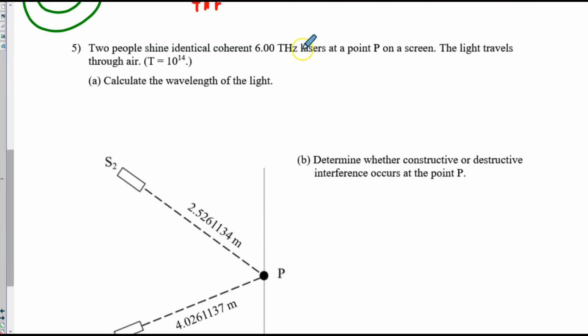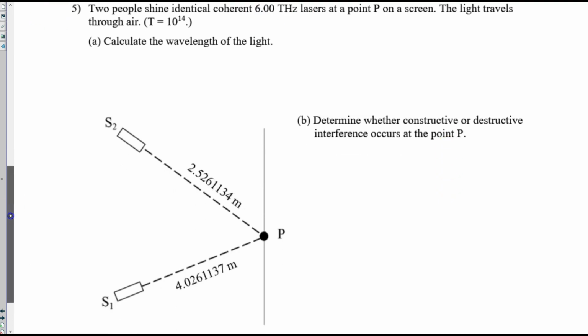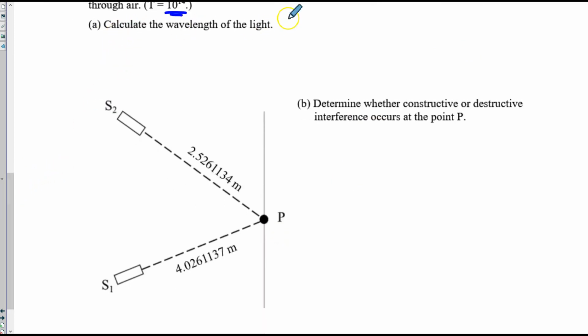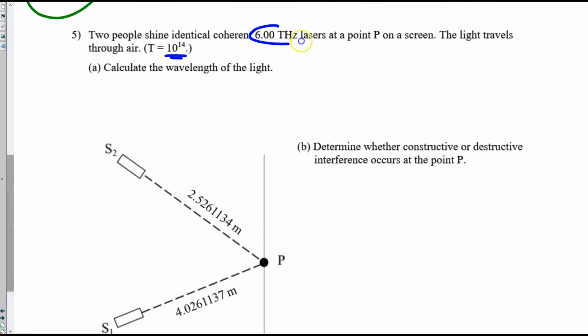Two people shine identical coherent 6 terahertz lasers, capital T, terahertz, that's 10 to the 14, at a point P on a screen. The light travels through air. First, we have to find the wavelength. Well, they gave us the frequency. It's traveling through air, and we know that the speed of light through air is the same as when traveling through a vacuum. Light doesn't slow down in air. It travels at the same high speed, almost.